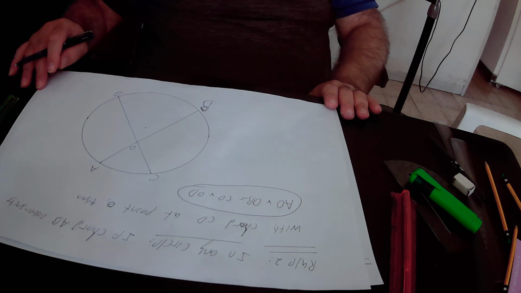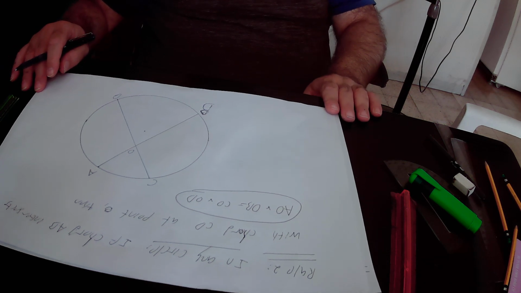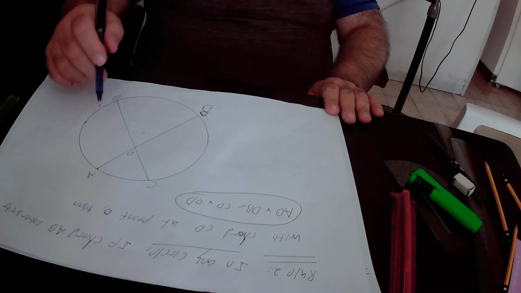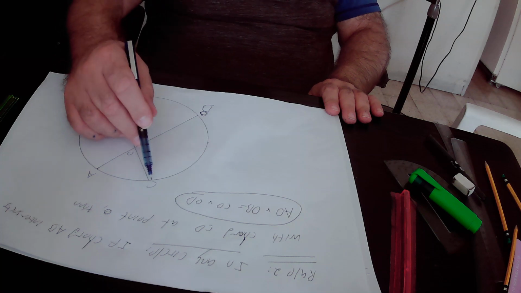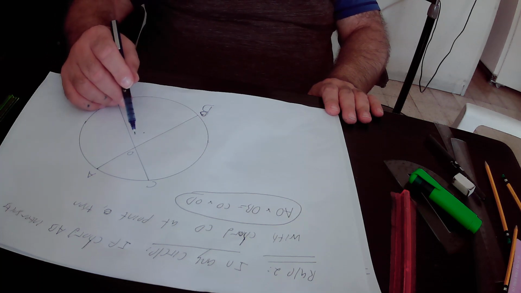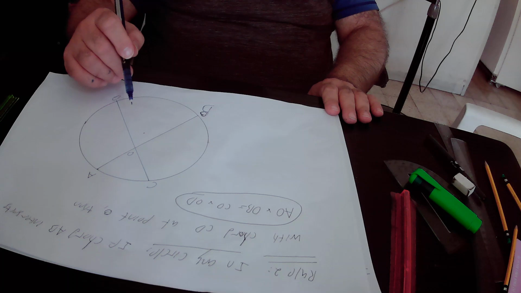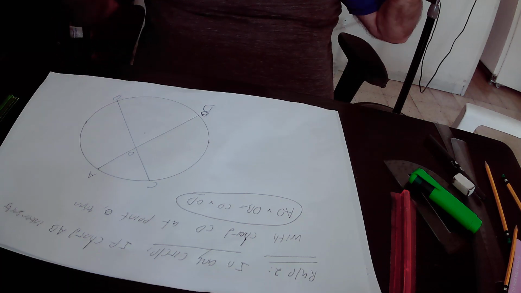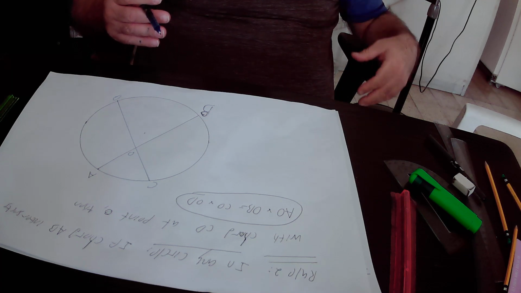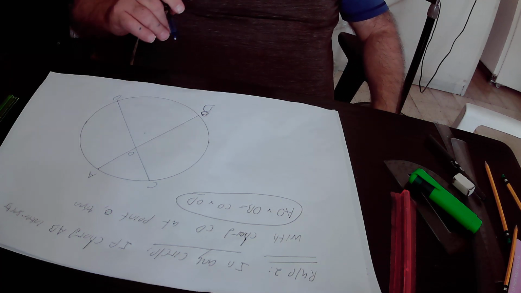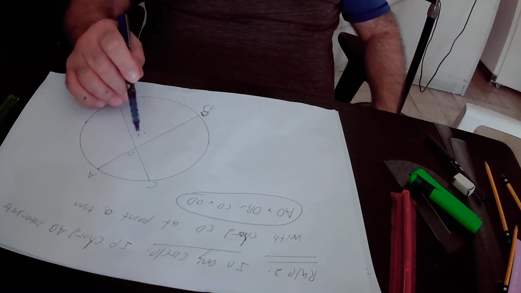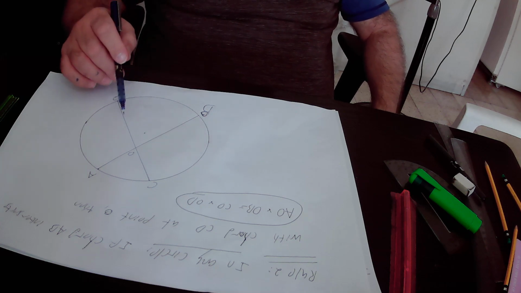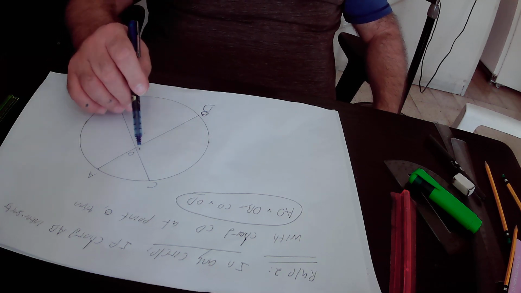According to the old rule, rule number 2, if we have chord AB that intersects with chord CD, the intersection point occurs at point O. Whenever you have inside the circle two chords that intersect with each other, like in this drawing, we get that the following equation is true: AO times OB equals CO times OD. Again, AO times OB equals CO times OD.